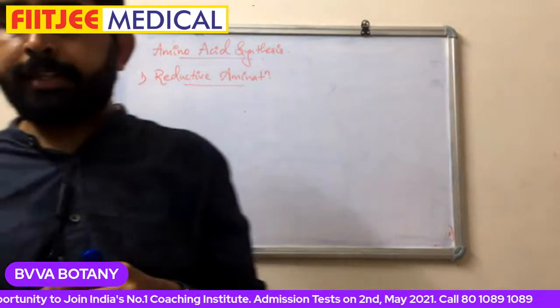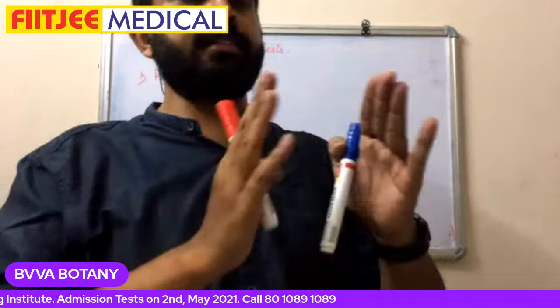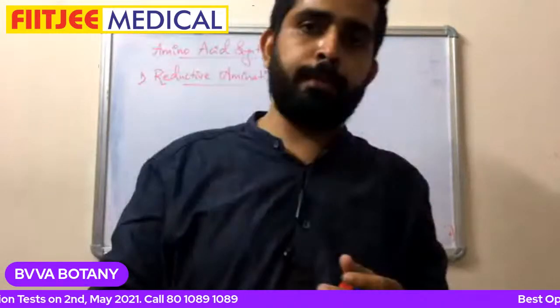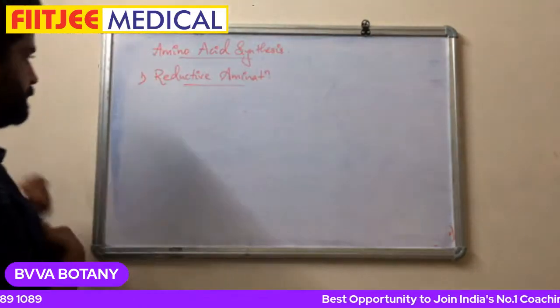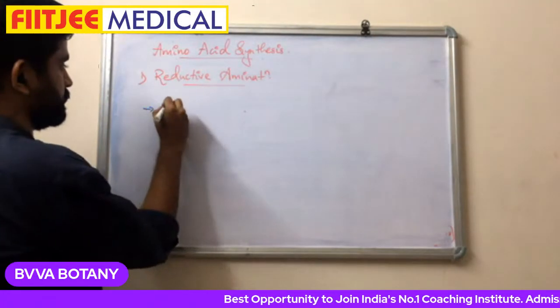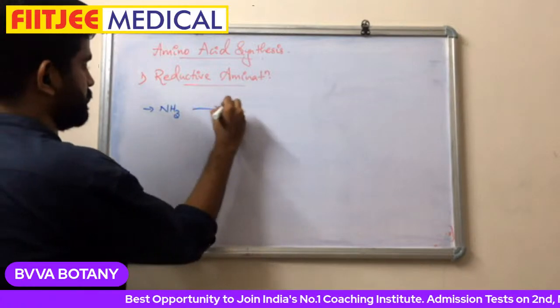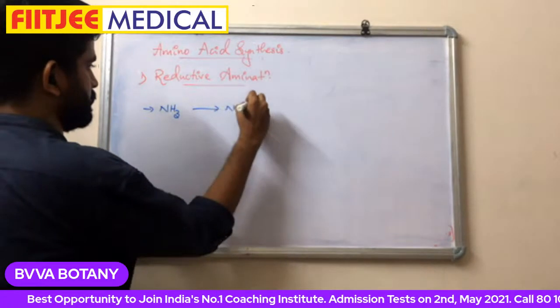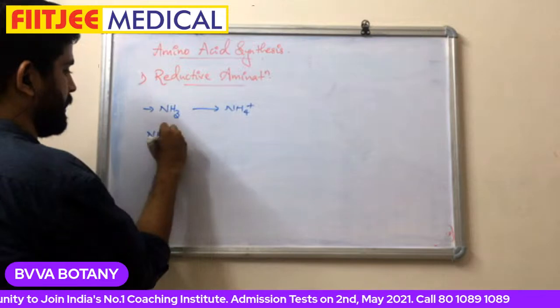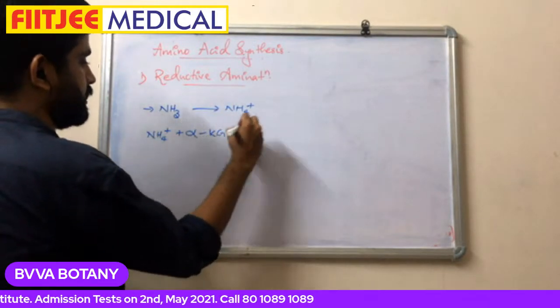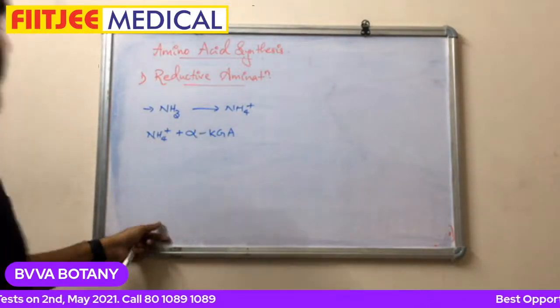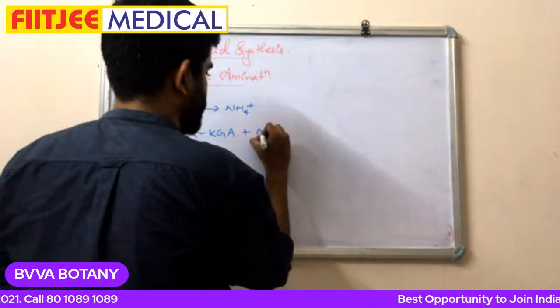In reductive amination, the ammonia is converted into ammonium ion, and that combines with alpha ketoglutaric acid, and we are getting glutamic acid as the product. This ammonium ion combines with alpha KGA along with NADPH or NADH.